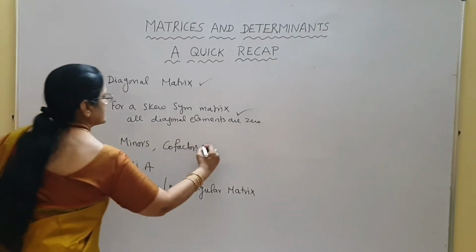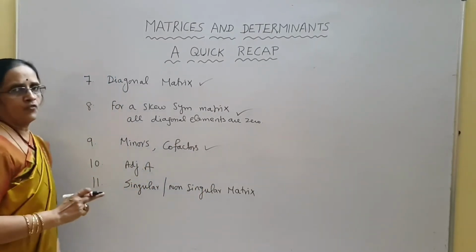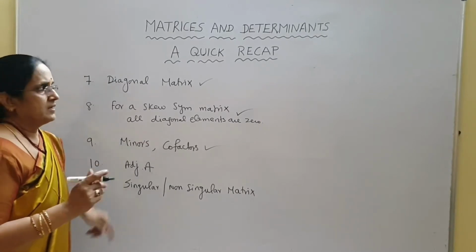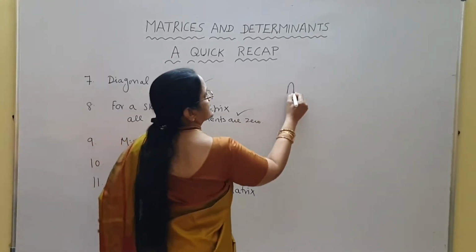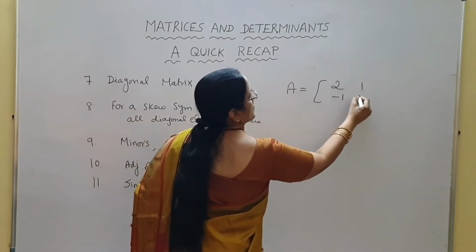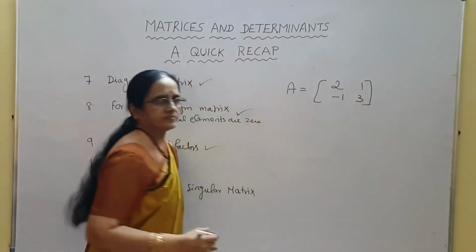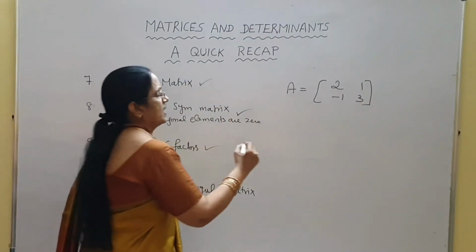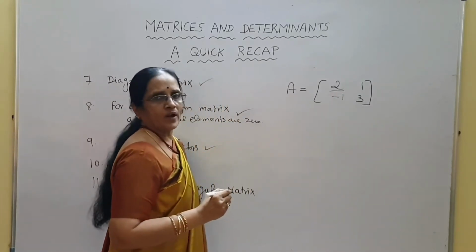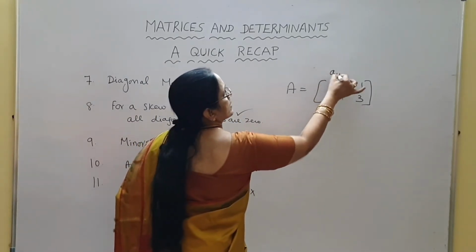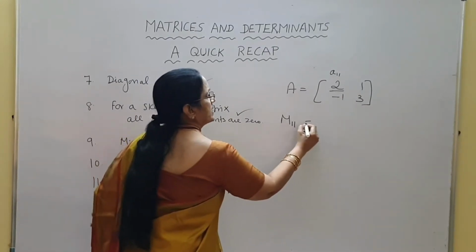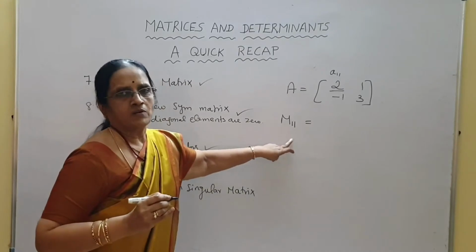Okay. Next one is minors and cofactors. It's a very, very important concept. Suppose the matrix A, consider a 2 by 2 matrix, 2, 1, minus 1, 3. Then the minor of the first element, small a11, we represent it by M11.